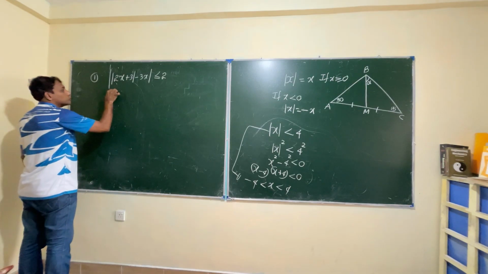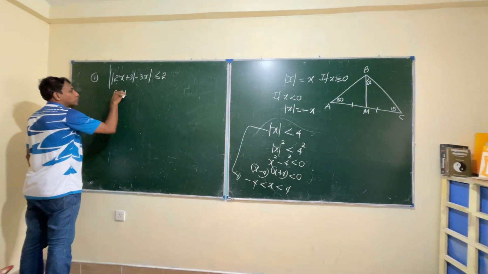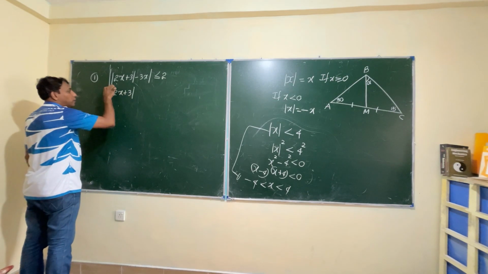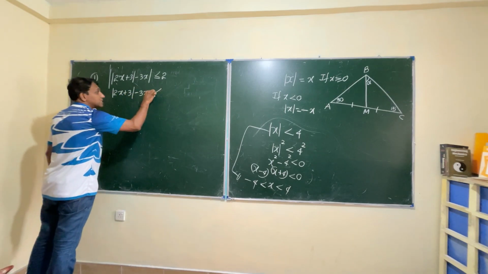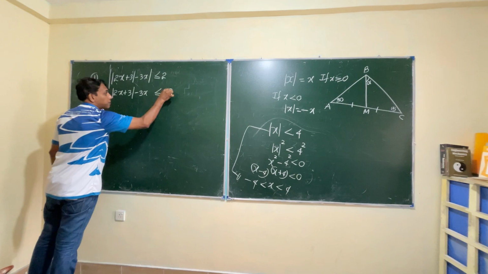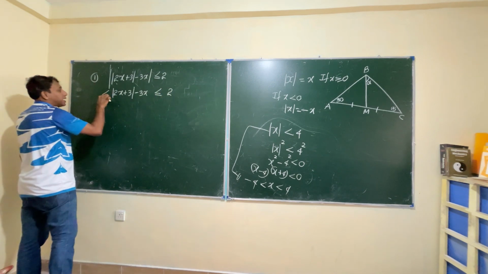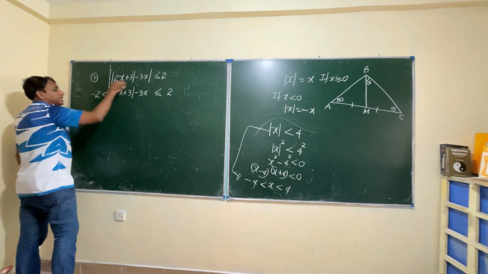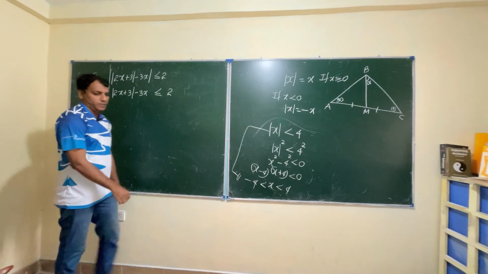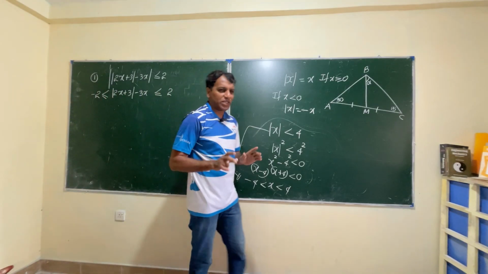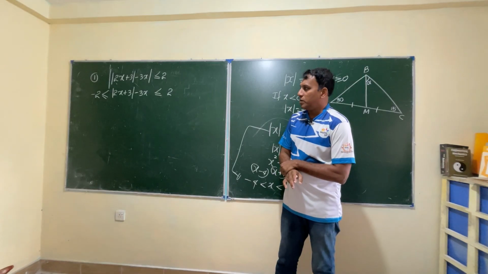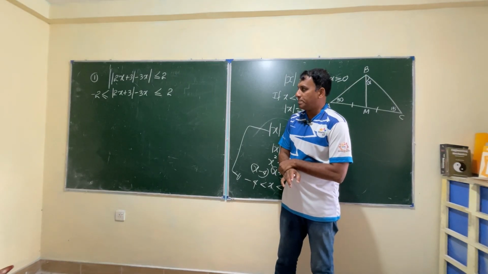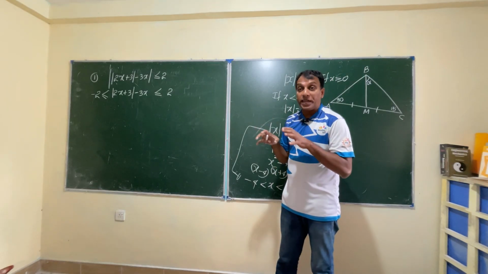So therefore 2x plus 3 inner modulus negative 3x lies between plus 2 and minus 2. Apply the equal symbol. The question is to find the x value. Now there is another mod inside.